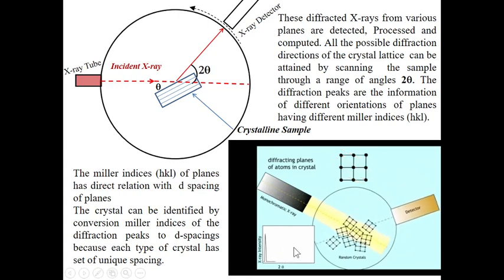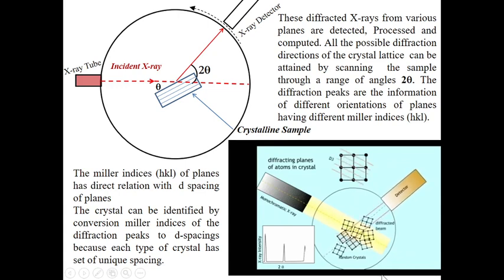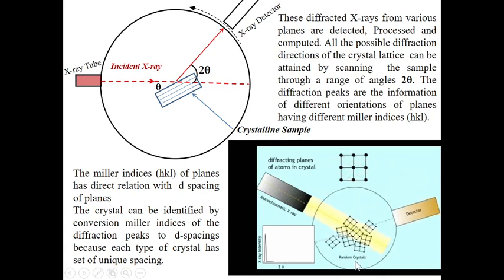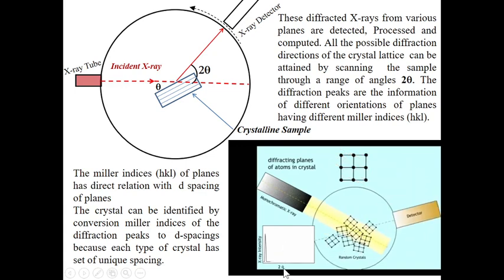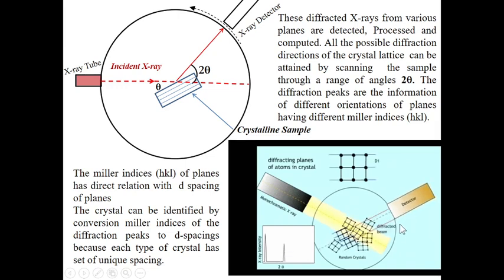Here you can see one animation. This monochromatic X-ray is incident on the sample having randomly oriented crystallites inside a grain. When the X-ray is incident, you can see that this detector, or this instrument, is rotating like this.